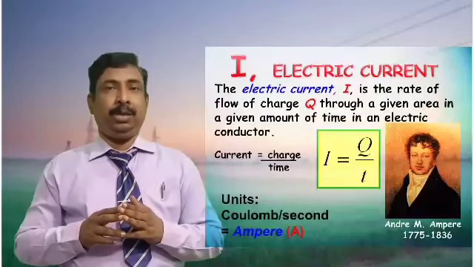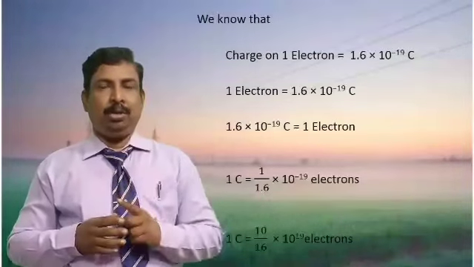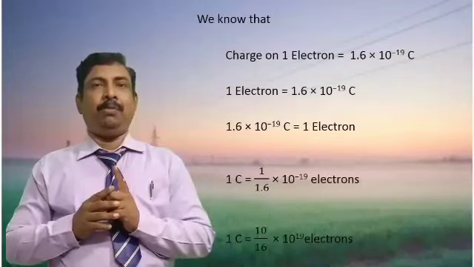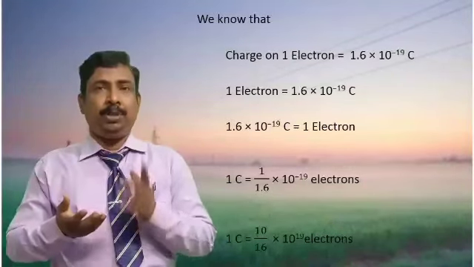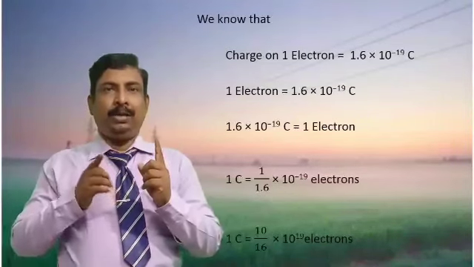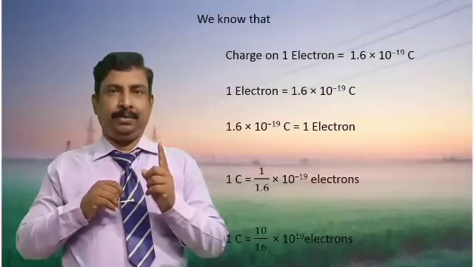And the third question, how many electrons contribute 1 coulomb of charge? For this you should know the charge of an electron. The charge of an electron is 1.6 into 10 power minus 19 coulombs. So 1 coulomb is equals to the number of electrons into 1.6 into 10 power minus 19.